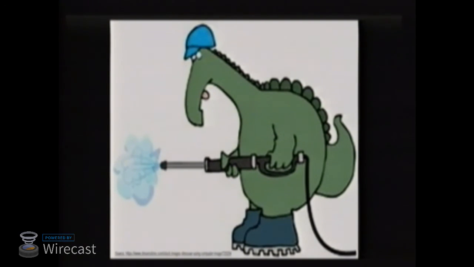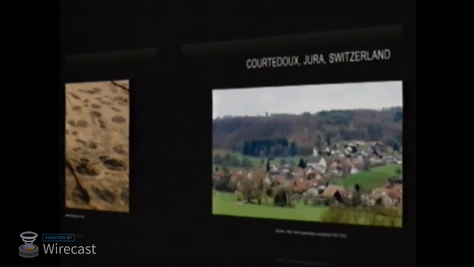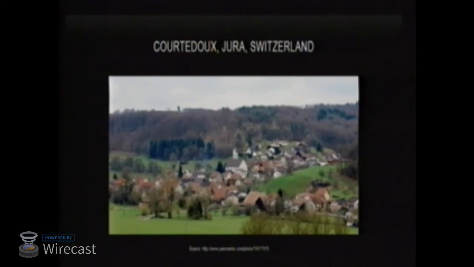And traces of dinosaurs have been found in a little village called Courtedoux, which is on the border between Switzerland and France. It's a little sleepy village, as you can see, mostly of country bumpkins, who do farming and have been doing farming for maybe the last 400 or 500 years.